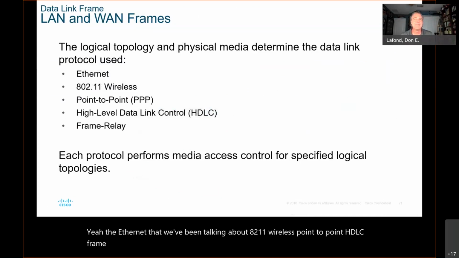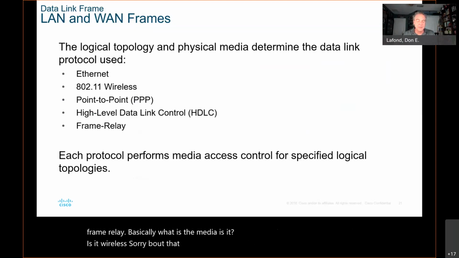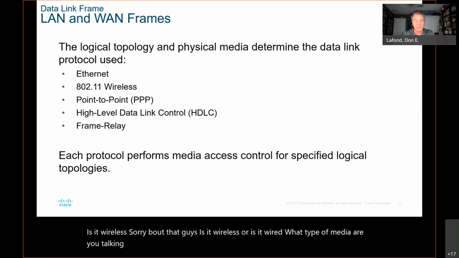Basically, what is the media? Is it wireless or is it wired? What type of media are you talking about? And that makes a difference in the presentation.